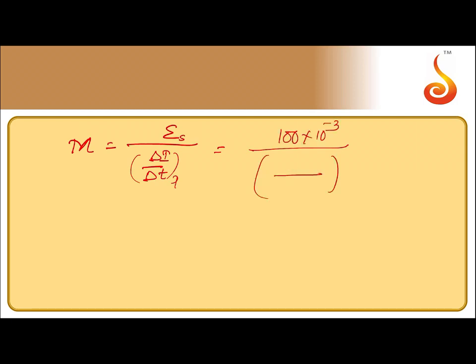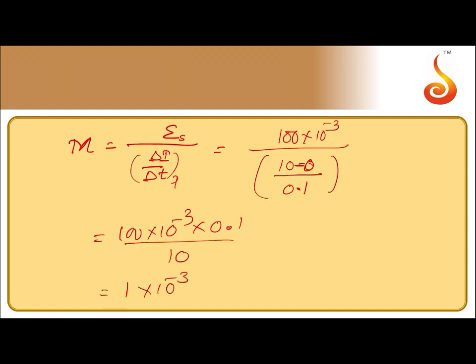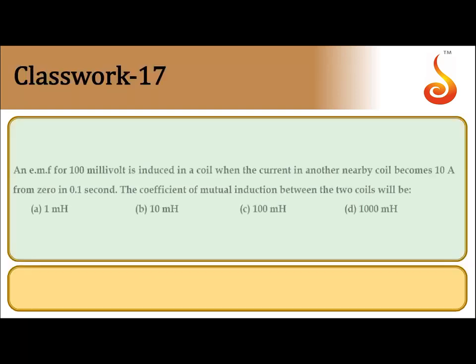The change in the current is 10 ampere minus 0, divided by how much time is taken? 0.1. So this is 100 into 10 to the power of minus 3 into 0.1, whole divided by 10. That is nothing but 1 into 10 to the power of minus 3, or 1 millihenry. A is the correct choice.